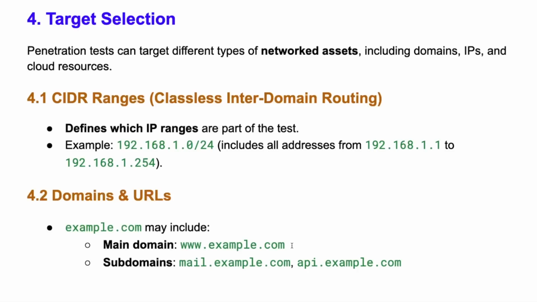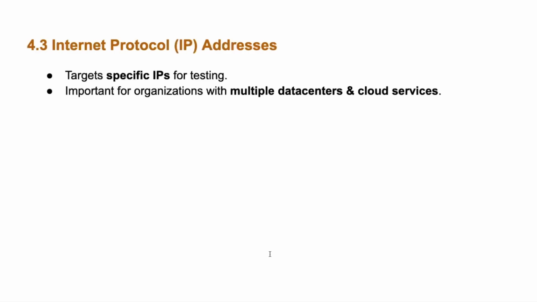So these are just a few of the targets that we have here, and then we have the specific IP address itself that would be a target for testing. What we talked about previously was a range of IP addresses, but there could be a specific IP address that the client wants you to test. This would be very important for organizations that have multiple data centers and cloud services.